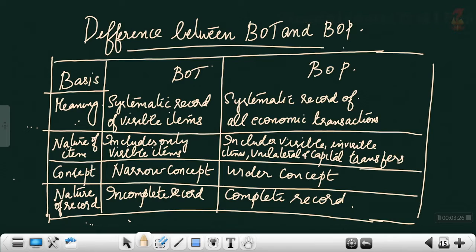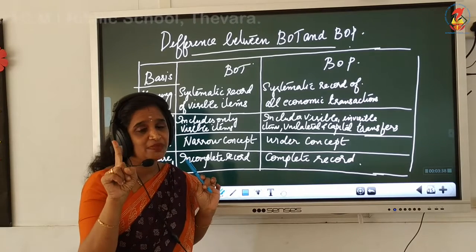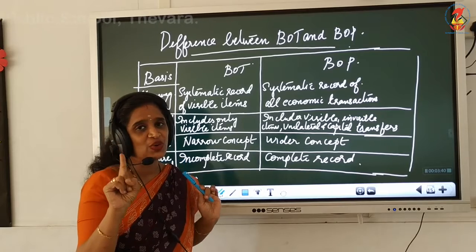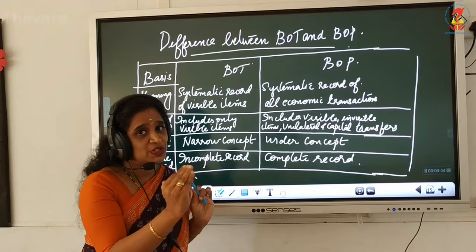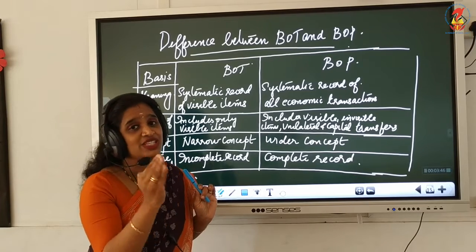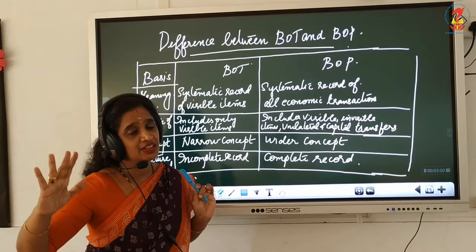Whereas balance of payment is a systematic record of all economic transactions. I told you, in the balance of payment, the first item, visible items, is only included in balance of trade. So balance of trade consists only of what? The visible items. The rest of the items is concerned with balance of payment.